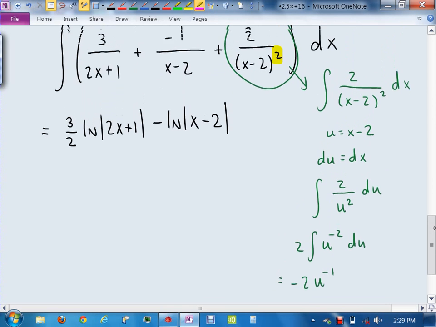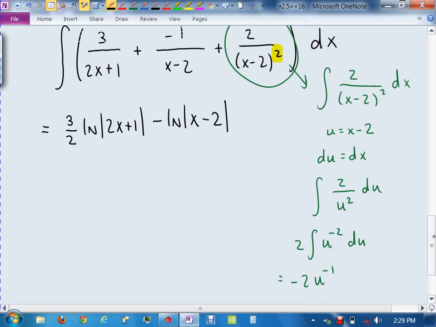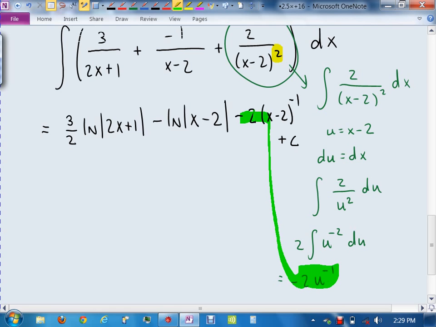So now I'm going to write my answer in here. So this one becomes minus 2 times x minus 2 to the negative 1, plus c. So I took this piece down here. That's this answer right up here, replacing my u with the x minus 2.